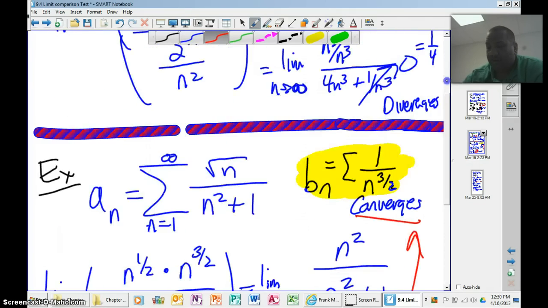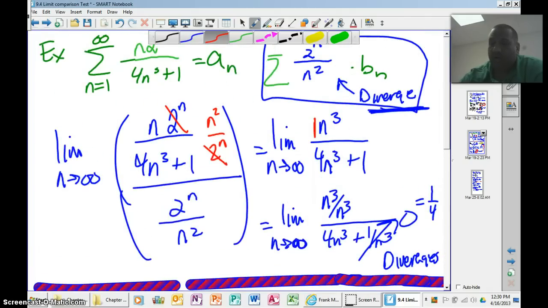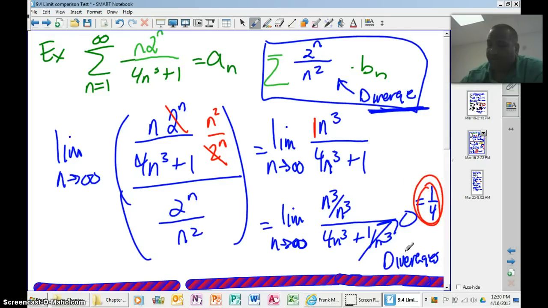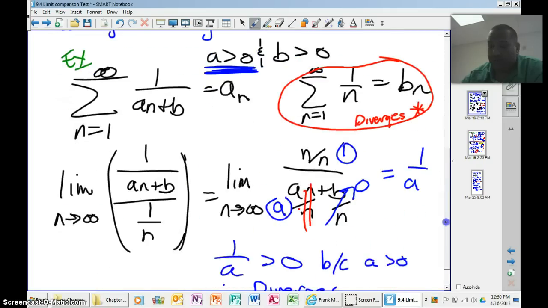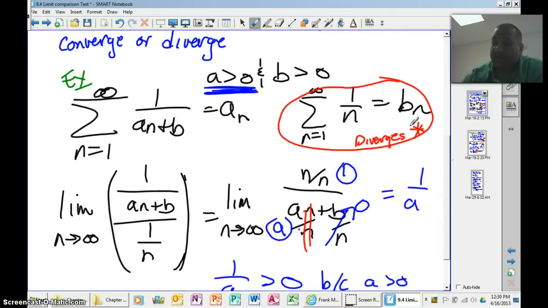Just to recap, if you look back here, I got one that diverged. You might have even seen that in a homework problem with the 2 to the n. So when I got something greater than 0, it follows b of n. Look at the one before it, just to show you. I've got something that diverges here, and I get an answer that's greater than 0, whatever a is, because a is non-zero.